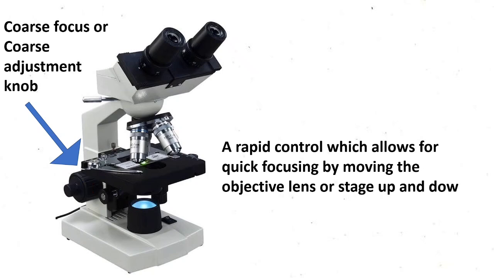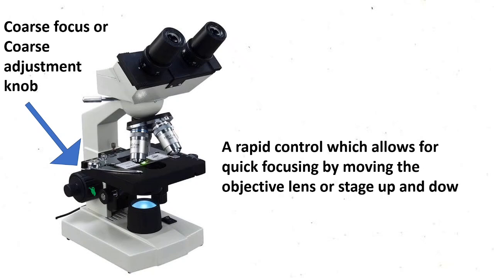I hope you can see the direction of the arrow. Now that is the coarse focus or coarse adjustment knob. So you can call it any of that, you're correct.